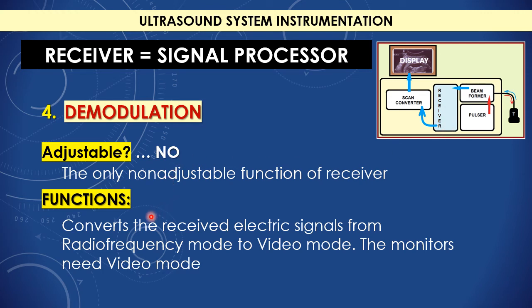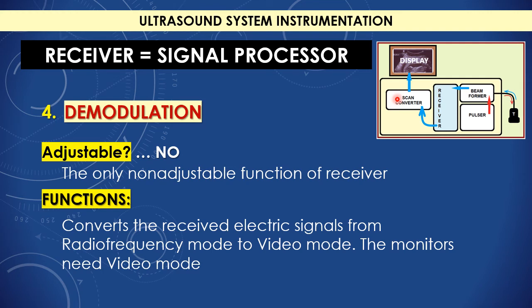What is the function of demodulation? It is to convert the received electric signals. The electric signals come from the transducer to the beamformer to the receiver. These electric signals are actually coming in radio frequency mode. But the display and the scan converter like to have the video mode.